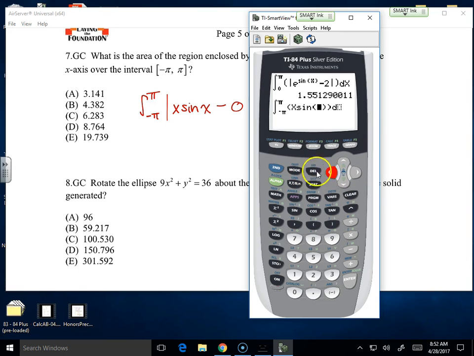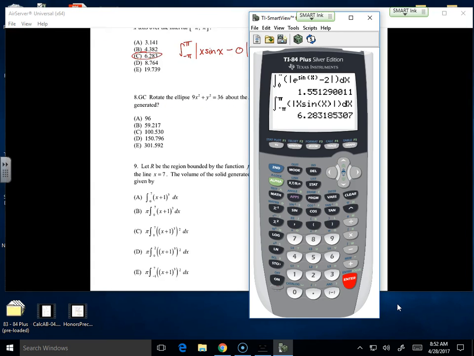To be safe, I told you absolute value and did not model it because I knew what the graph looked like, but if you didn't know, you would put the absolute value in. We love our fail-safe. Final answer is C again. Don't just guess C because there's a couple of them in the packet.